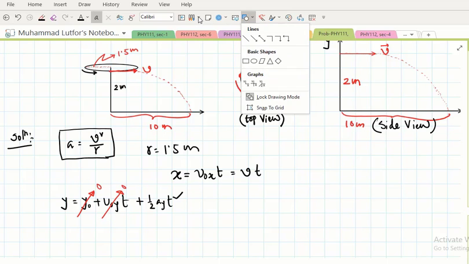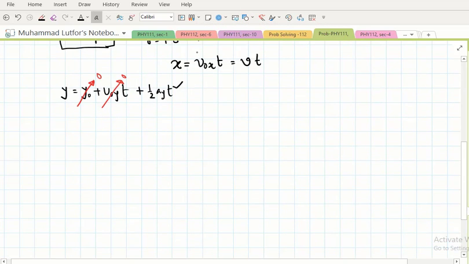So y equals half a y t squared. Then y is minus 2, equal to minus half of 9.8 into t squared, where g is minus 9.8.